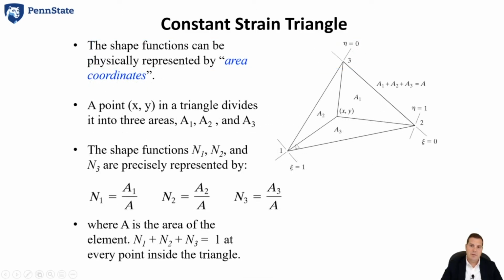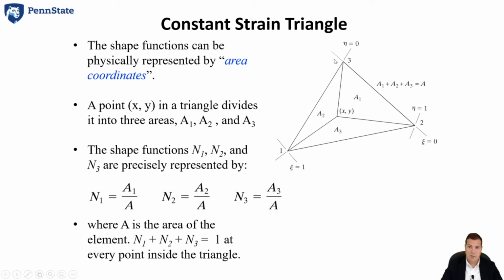So imagine we have this element, 1, 2, 3, in 2D. This is a very strange image to look at because for me it looks like a three-dimensional shape, but just ignore the middle for a second and think about 1, 2, and 3. You pick a point X at some random location inside that triangle.